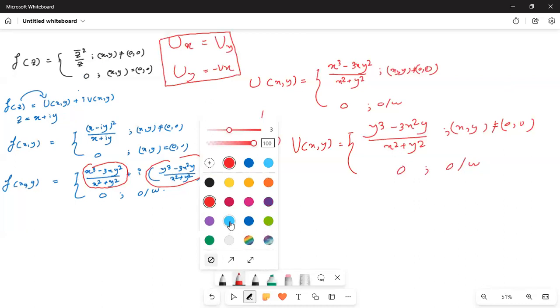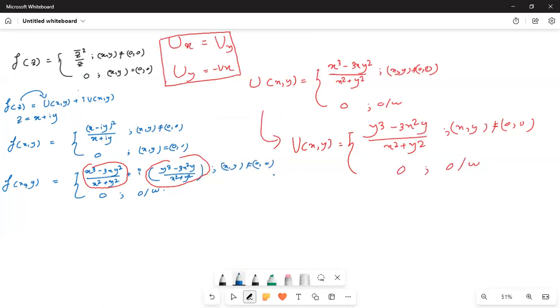Okay, let's find the partial derivative of this one. So the partial derivative u_x is just the limit as h approaches 0, where we are taking the partial derivative with respect to x. Therefore, we put h in the x coordinate.